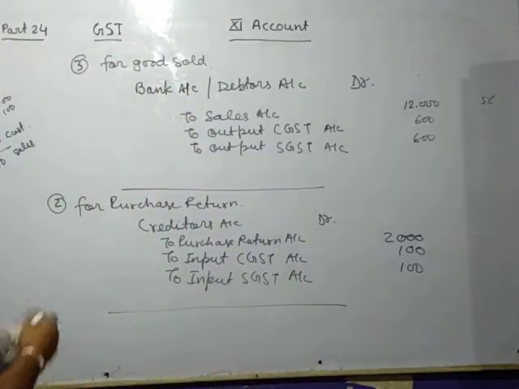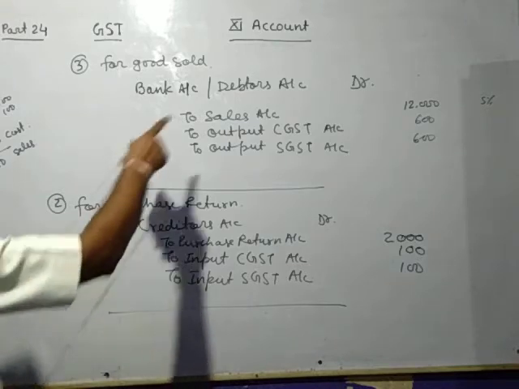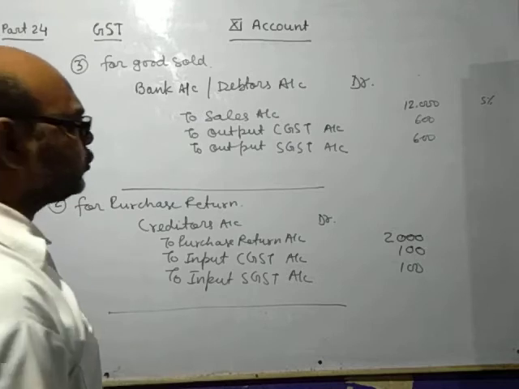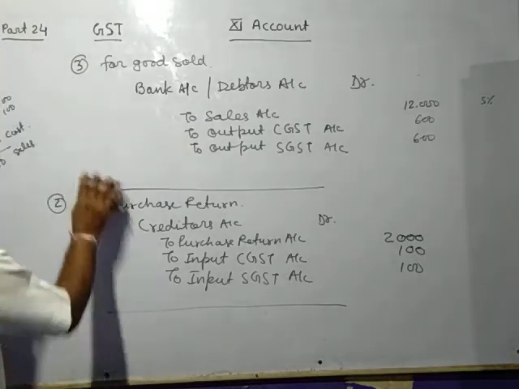So when you sell the goods, you will pass the entry bank account debit, debtors account debit, to sales account, to output CGST, to output SGST.